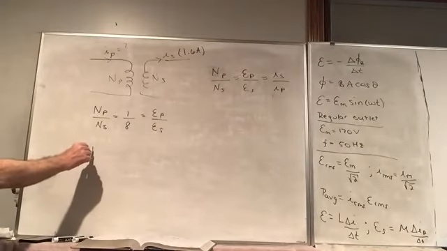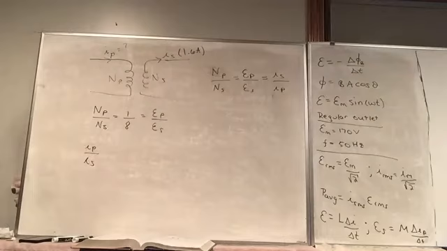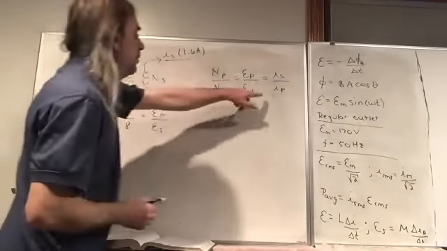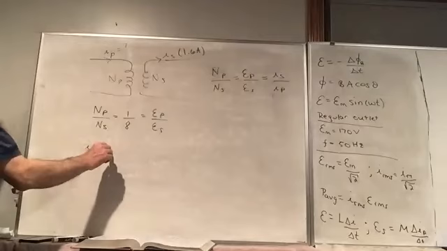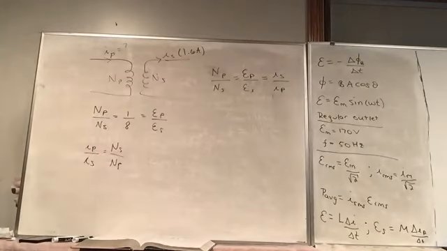We can say that the current in the primary coil over the current in the secondary coil is equal to the number of loops in the secondary divided by the number of loops in the primary.